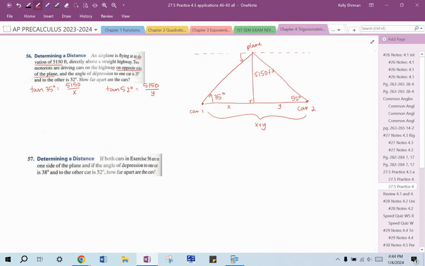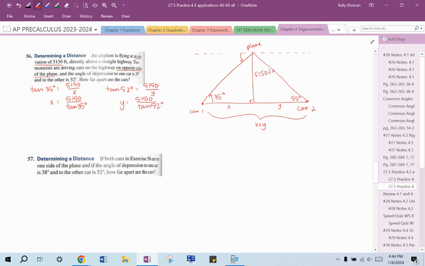And we need to figure out x and figure out y. So if I solve this for x, I multiply x to the left side, I divide by tangent of 35. So that would be 5,150 divided by tangent of 35. And similarly, y will be equal to 5,150 divided by tangent of 52.